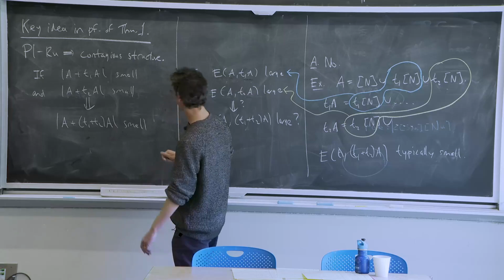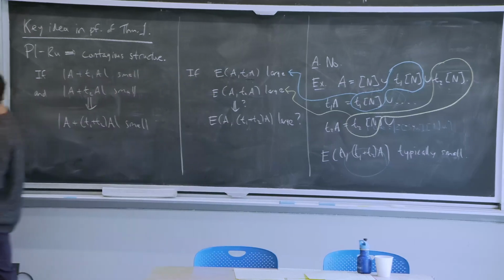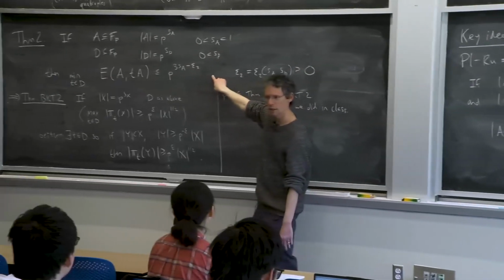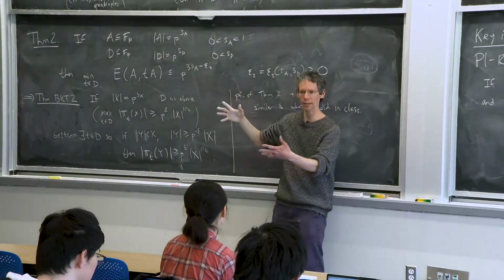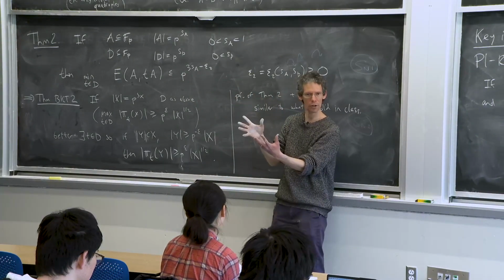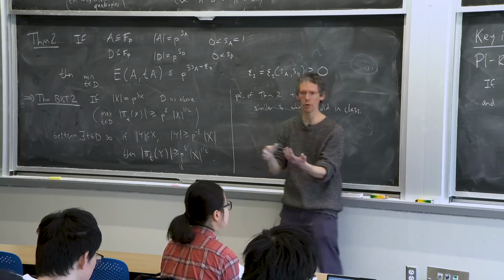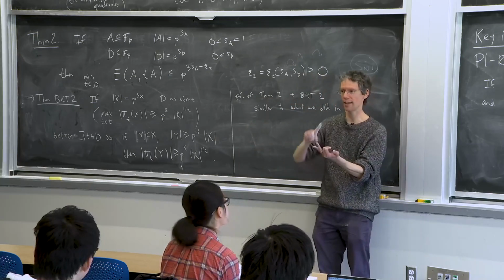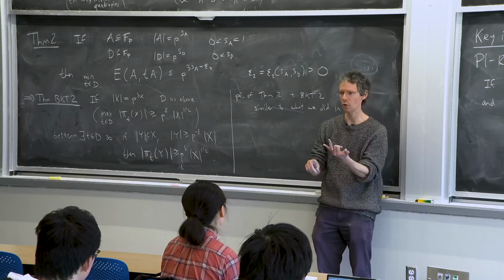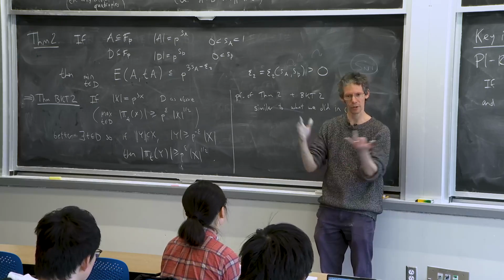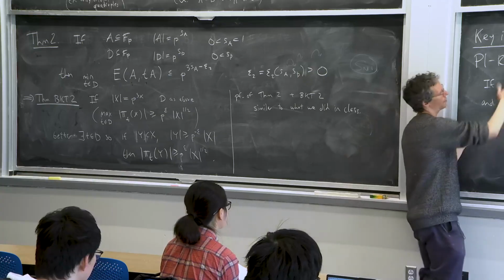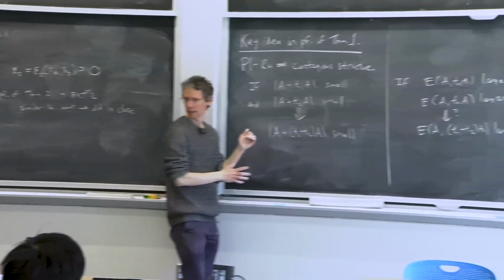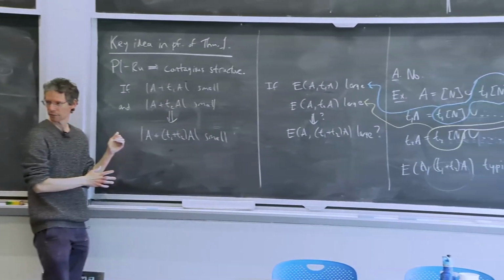On the other hand, it is nice eventually to get to Theorem 2, because Theorem 2 is stable if you replace the actual product A cross A by a subset which is almost all of it. So both looking at cardinality and looking at energy have good features. The energy estimates are stable under taking subsets, and the cardinality estimates have this contagious structure thing. Those are both very helpful.